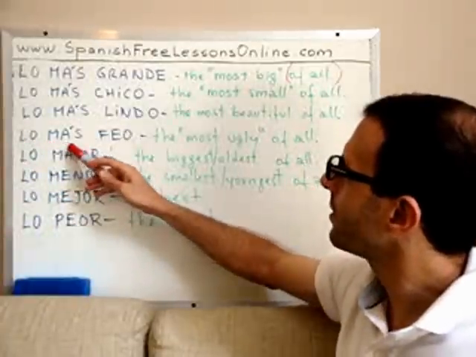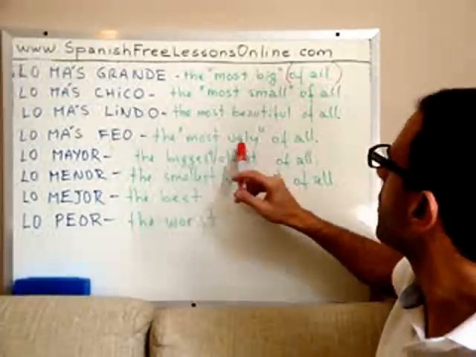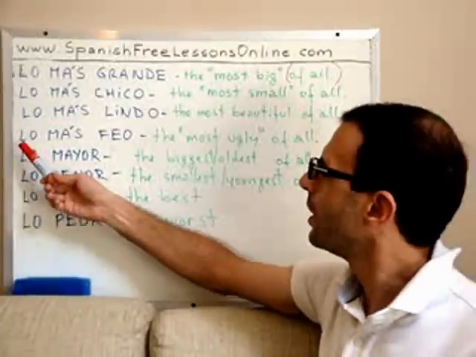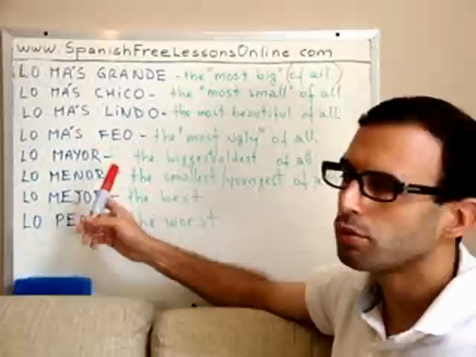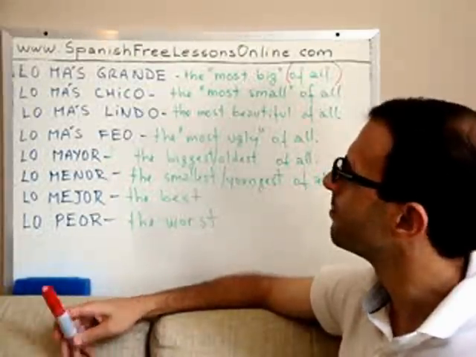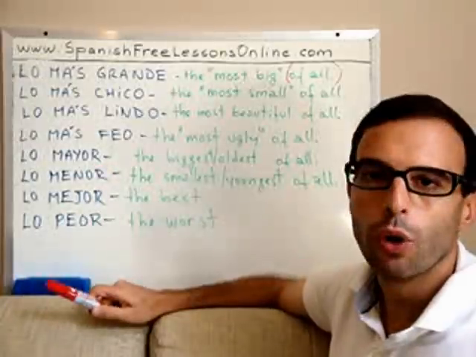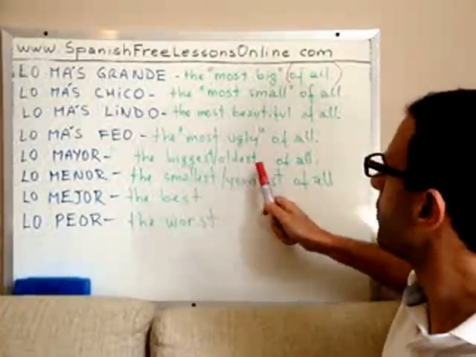Lo más feo, the most ugly of all, or the ugliest of all, okay? Lo más feo. Feo, two syllables. Feo, feo. Lo mayor, the biggest or the oldest of all, right?